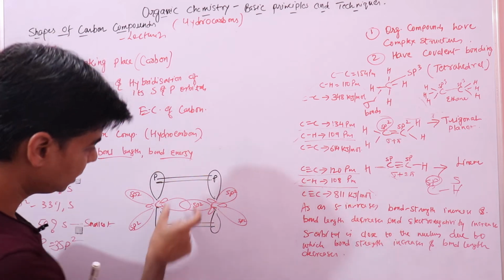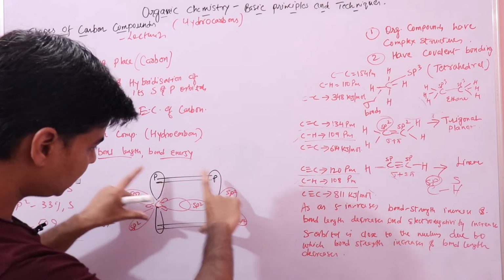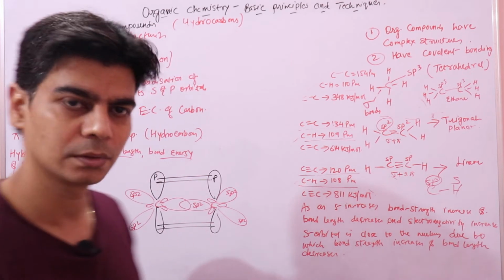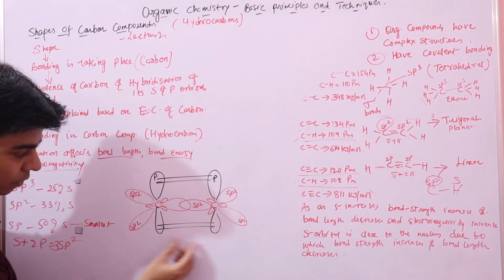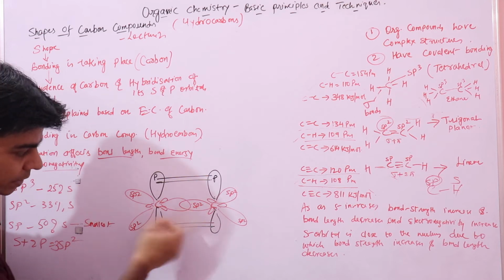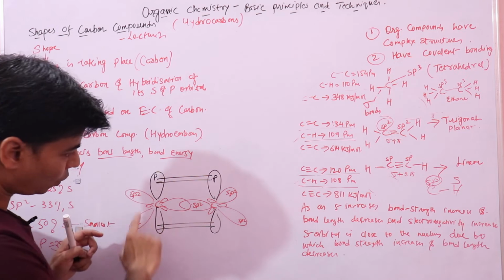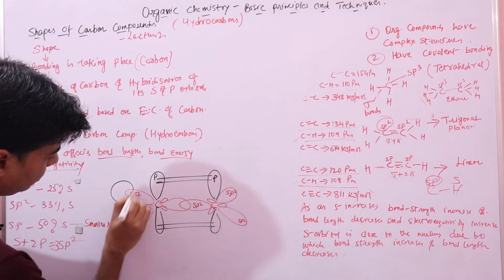This overlapping would be maximum when these two p orbitals are exactly parallel to one another. These two p orbitals on the two carbon atoms would be parallel when all these atoms lie in one plane.